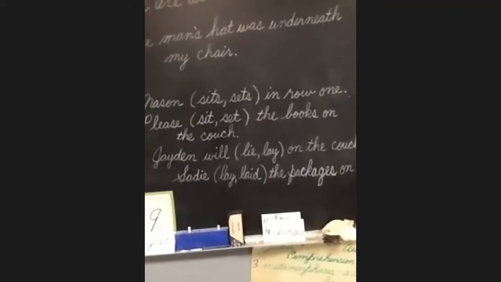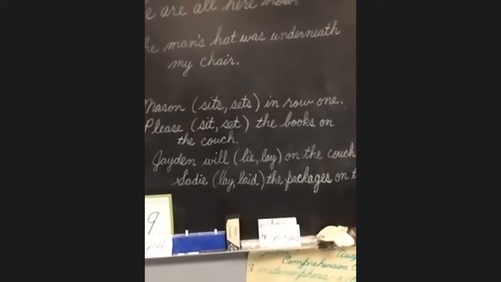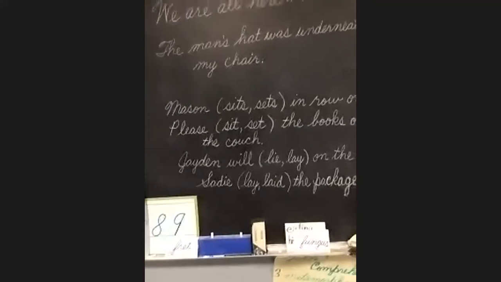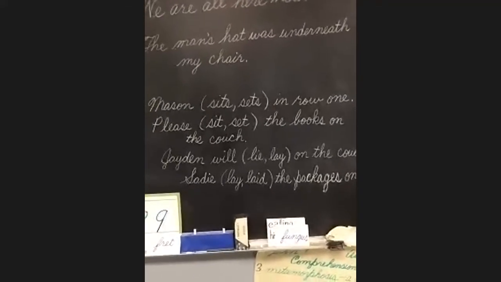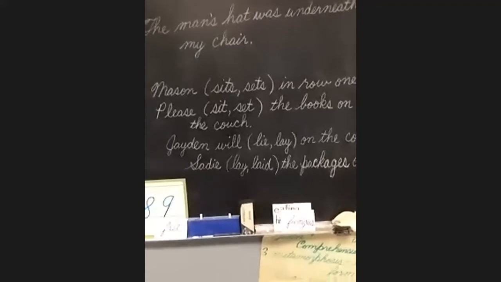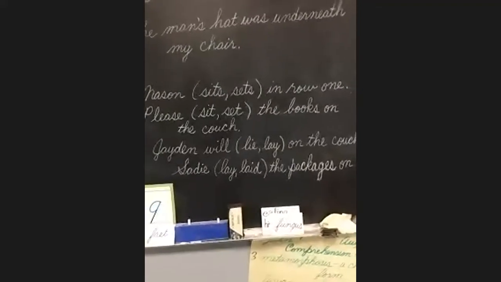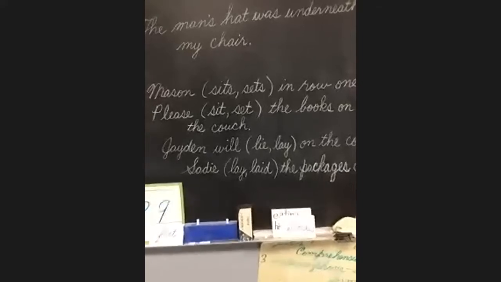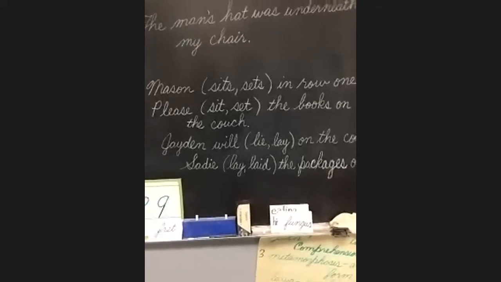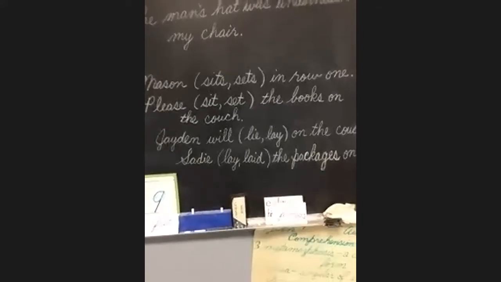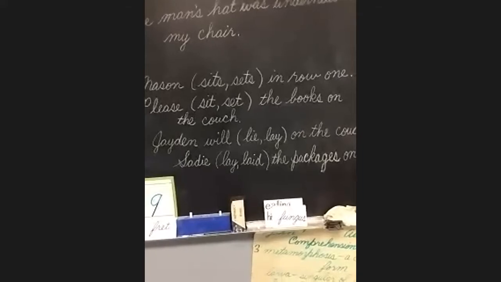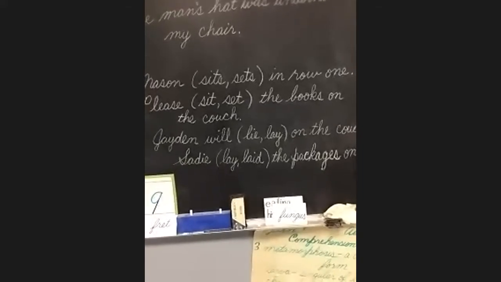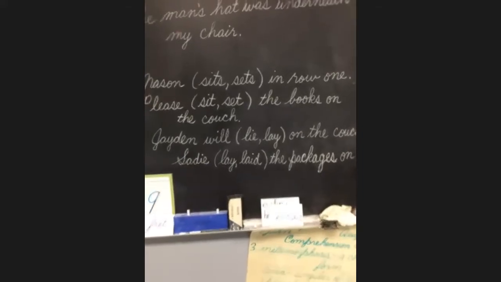Well, if Mason's watching this, it's fun when one of the examples is someone in our class. Okay, Mason sits or sets. Raise your hand if you said sits. You got it correct. Please sit the books on the couch or set the books on the couch.